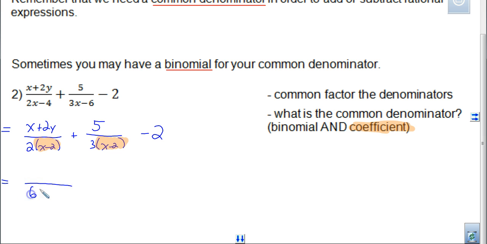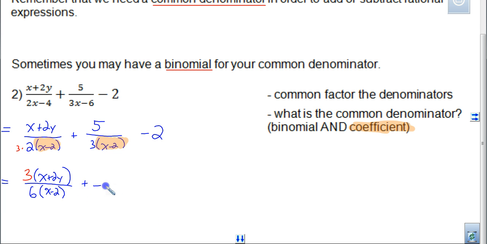So if I want to change this denominator to 6 times x minus 2, I have to think, what would I have to multiply the numerator by? I've multiplied the denominator by 3, so the numerator must also be multiplied by 3.